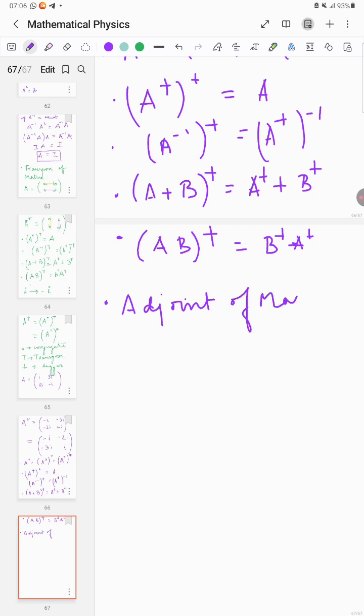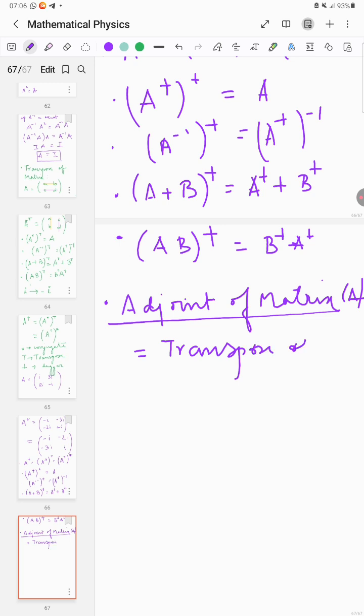Adjoint of a matrix, matrix being called A, is equal to nothing but transpose of its cofactors.